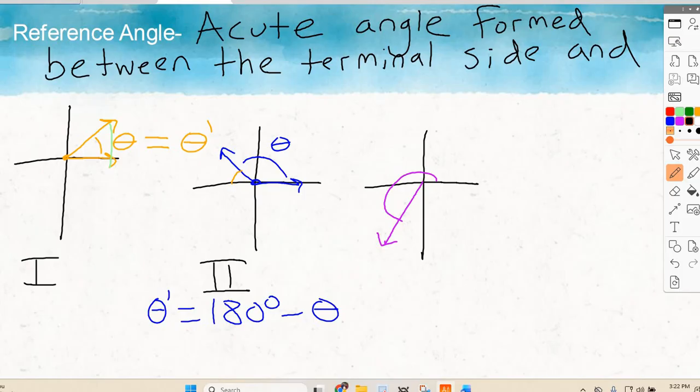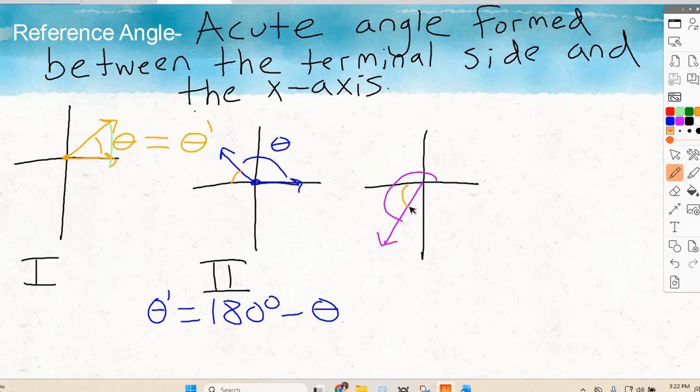And the only way that our little triangles can be equal is if we make our little triangles with the x-axis. So that means that on this one, my reference angle, or the part that we would form our little triangle with, is going to have to go to the x-axis still. Because a lot of people want to go to the y-axis. But our triangles are only going to be the same if we always go to the x-axis.